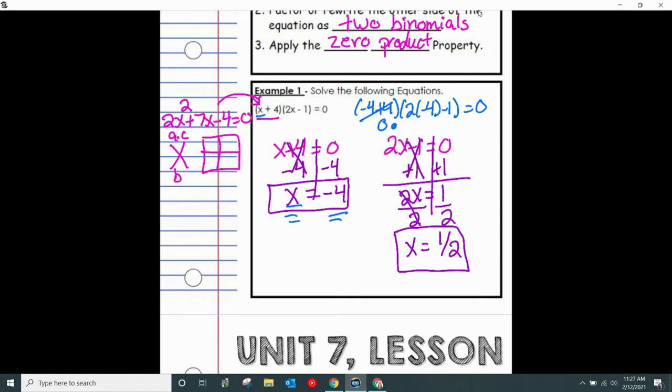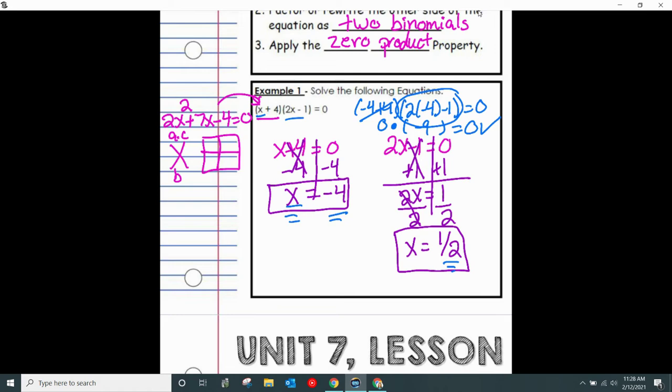So now this is going to be 0 times whatever this number is, which I really don't even care. 2 times -4 is -8. Minus 1 would give me -9. But 0 times any number is going to equal 0. It is a solution. I could do the same thing with 1/2. I can plug in 1/2, and it is also going to make this piece equal to 0.